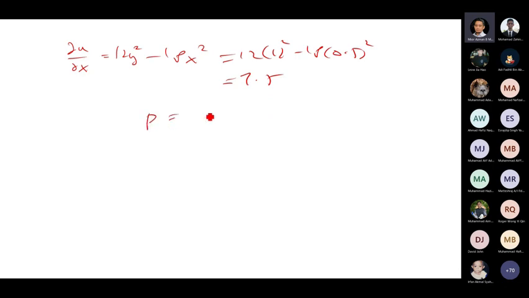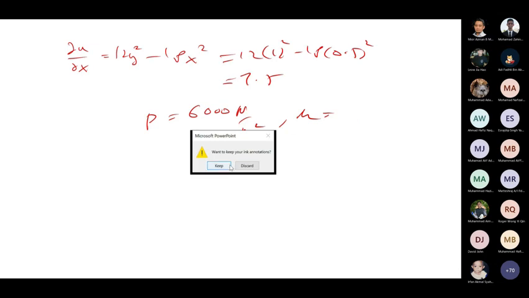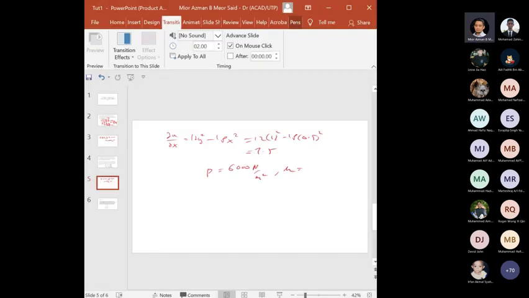And given the pressure is 6,000 Newton per meter squared by the problem, and the viscosity you have to get from the table in the textbook.